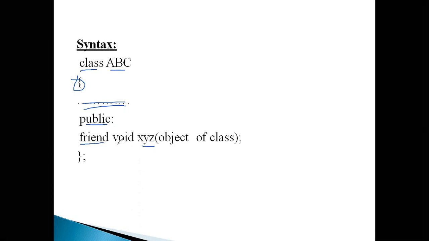So friend, the return type is void here, the name of the function is xyz, and the parameter is nothing but an object of the class. When I declare or define the friend function, the parameter of the friend function must be the object of the class. And then close the class as usual. This is the way we declare the friend function.